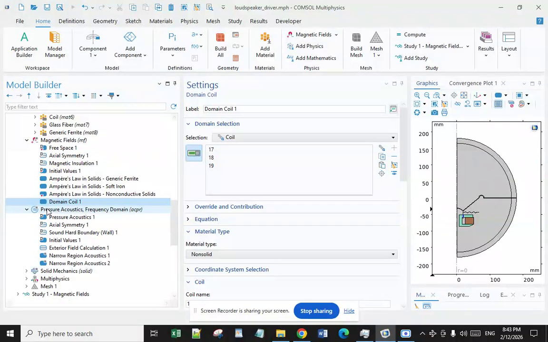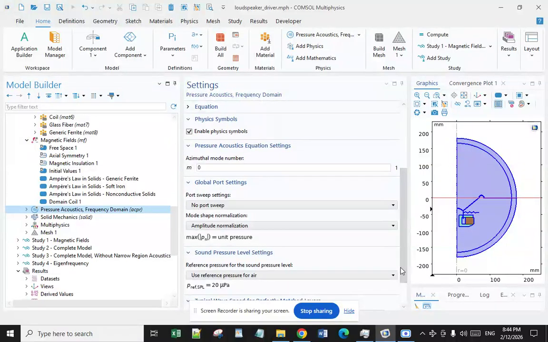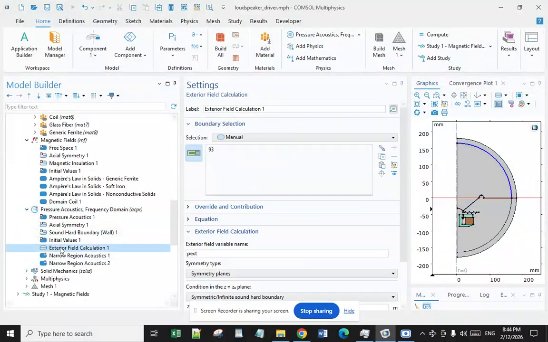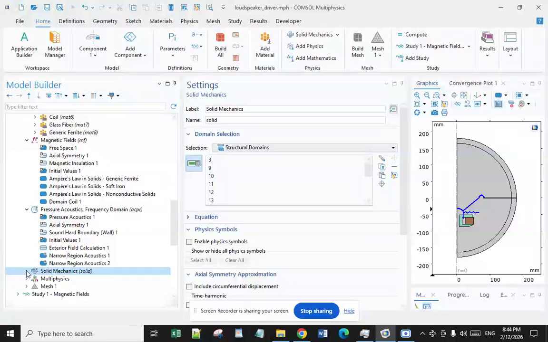The next, pressure acoustics, is that we used azimuthal mode number and port substituting, and so on, exterior field calculation, narrow region acoustics, and here we have solid mechanics.